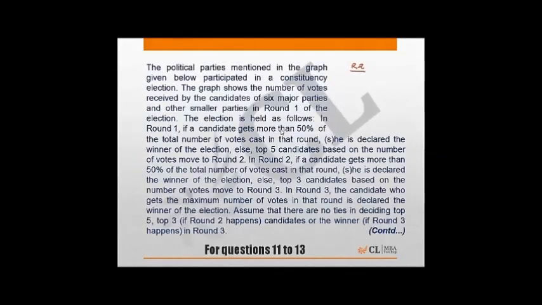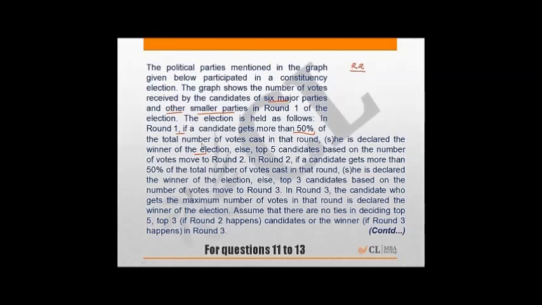So, when I came back to the set of data in round 2, let's just try to understand what the key things out here are. I'm sure all of you have read the set, but quickly running through it. There are 6 major and other smaller parties. So 6 plus parties are there. All the smaller parties are combined as others. Round 1 of the election is held as follows. In round 1, if a candidate gets more than 50% of votes cast, he or she is the winner. So to become the winner, you need more than 50%.